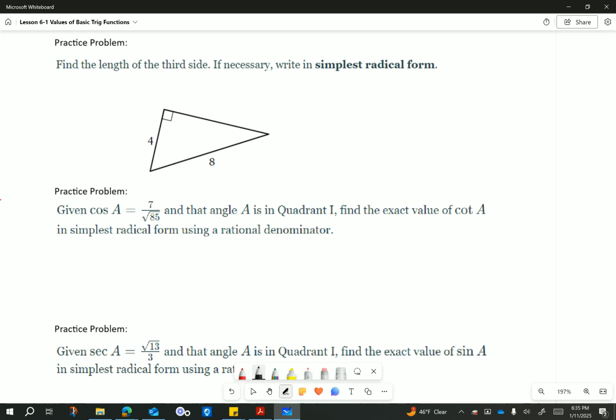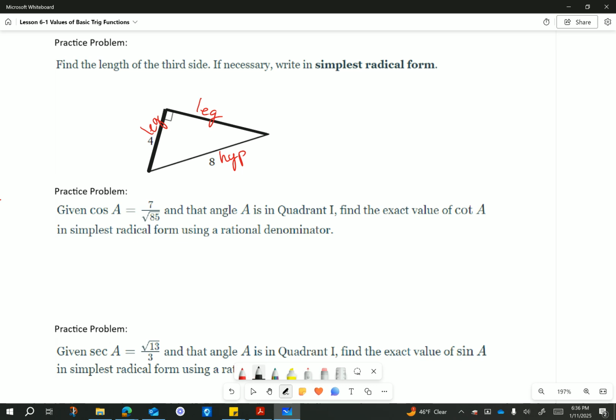So as told before, the legs are always going to be the sides that form the 90-degree angle. So I'm making this really bold so it will pop out. And so I am going to make sure I understand that this here is a leg and this here is a leg. And the side across from that 90-degree angle is my hypotenuse, okay?